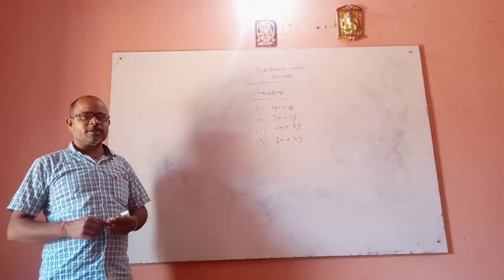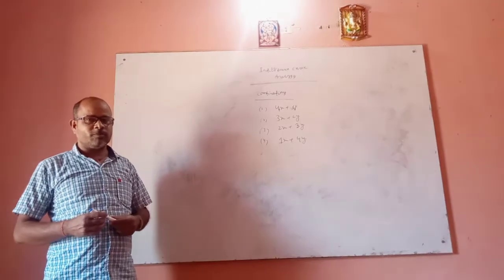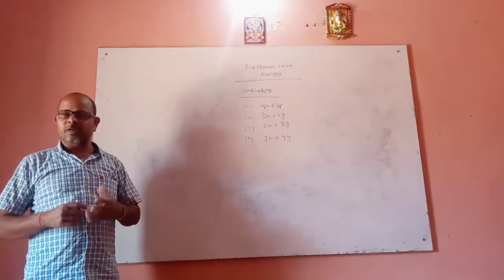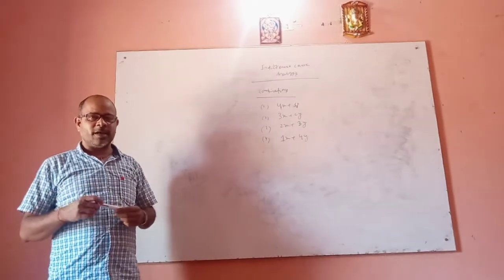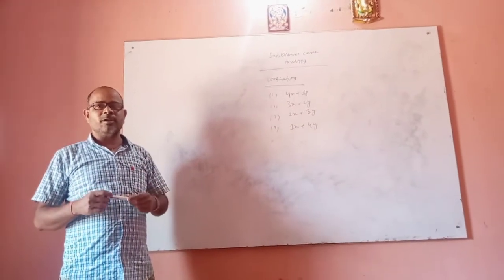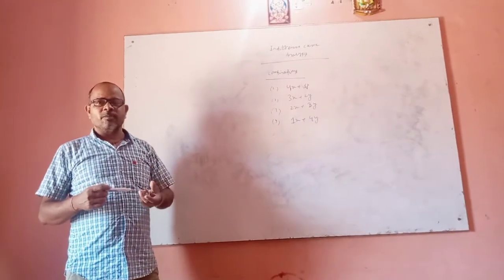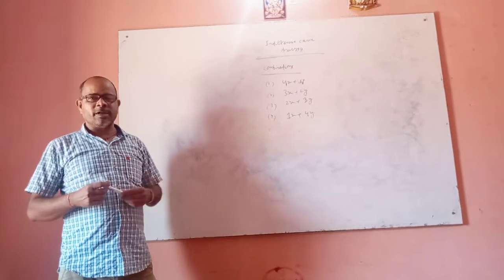Lecturer in economics. Today I am going to discuss the indifference curve technique, which was introduced by Hicks and Allen in order to determine the consumer equilibrium under ordinal utility analysis.